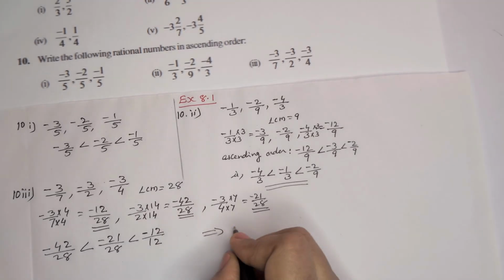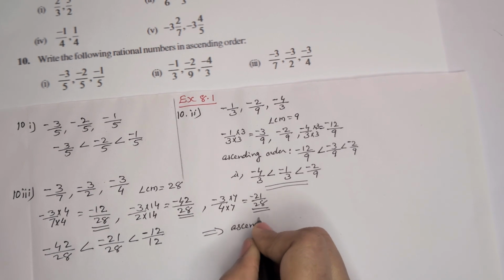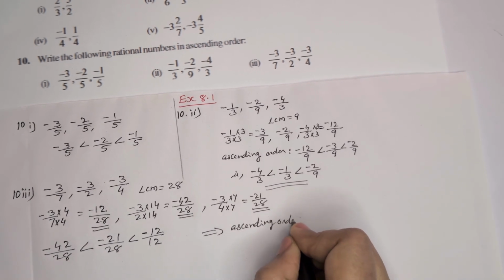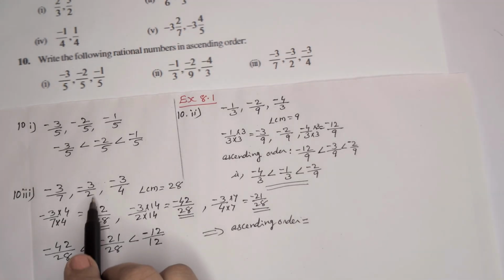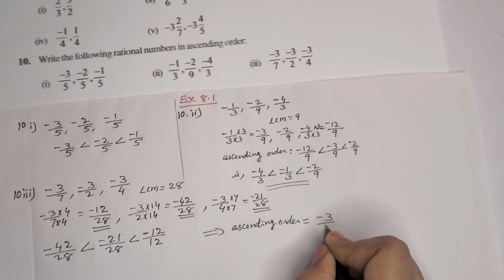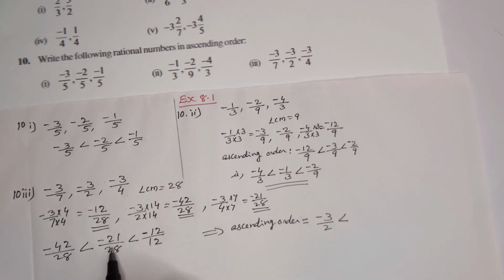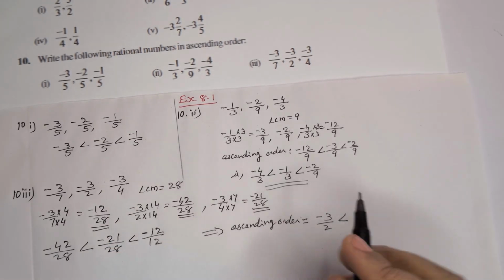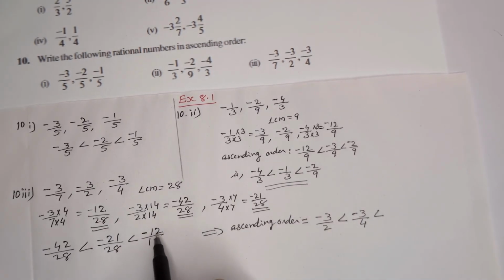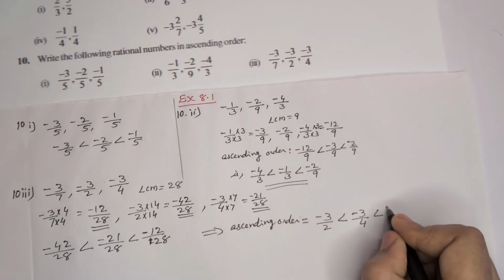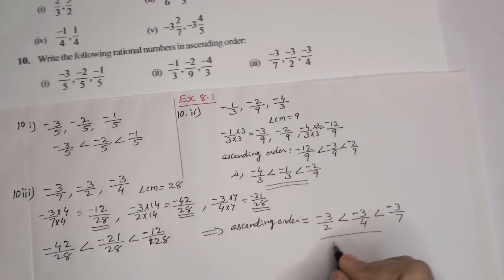So we can write the ascending order: first minus 42 by 28, that means minus 3 by 2, less than minus 21 by 28, that means minus 3 by 4, and the last one is minus 12 by 28, that is minus 3 by 7. It's the ascending order.